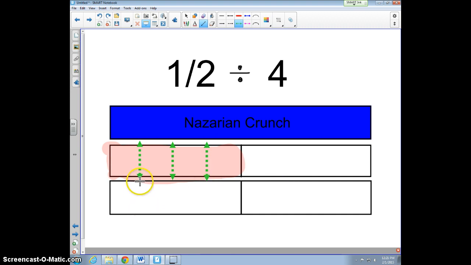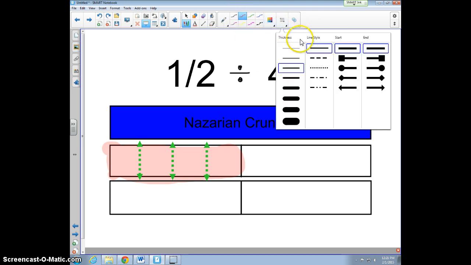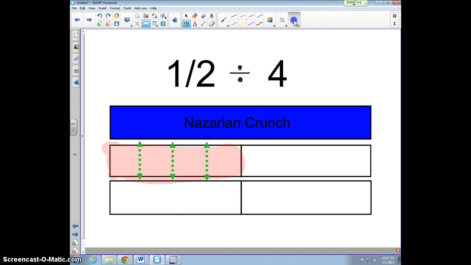But in order to find out what this part is going to represent, let me do a different color here. This is going to represent one of the winners. Okay. This right here is what one of those winners is going to get of this entire candy bar.